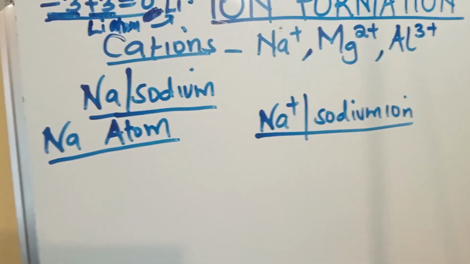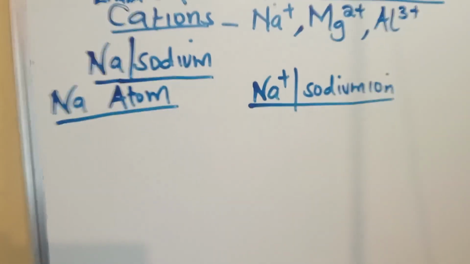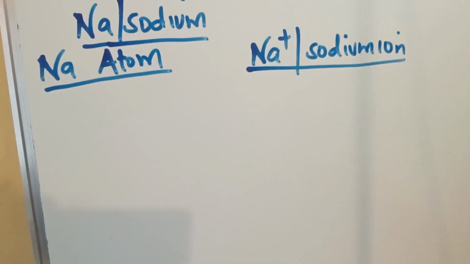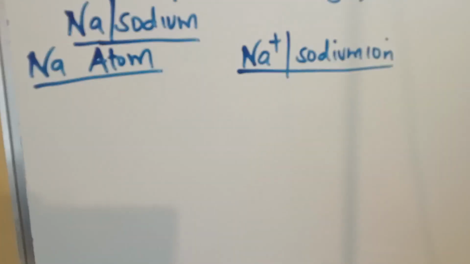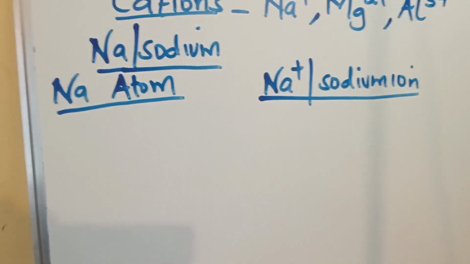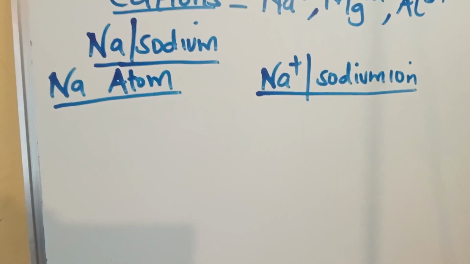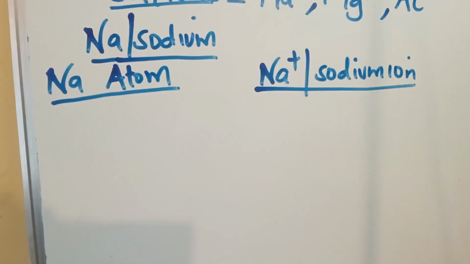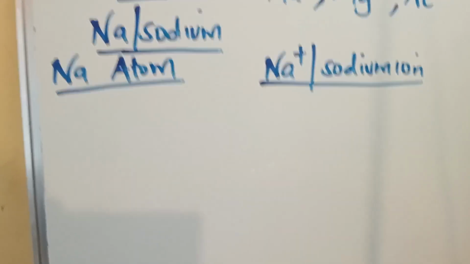So when you are doing this calculation, make sure that you know that atoms are electrically neutral, and the reason is the number of electrons, the negatives, and the number of protons, the positives, are equal, and so they cancel out.